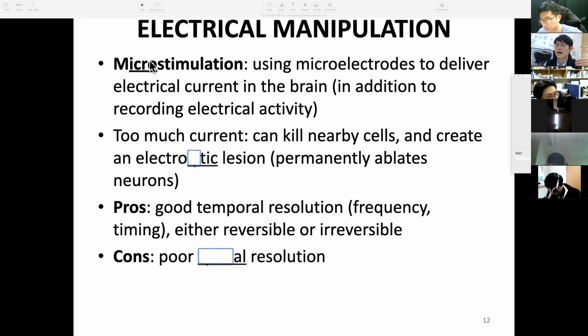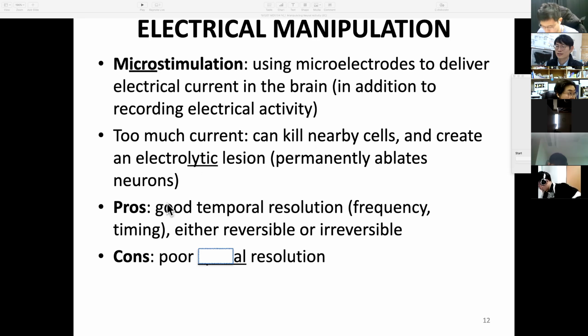It's called microstimulation because typically you use microelectrodes. But you also have to be a little careful that too much current can kill the nearby cells, where kill here means melting away. That's called electrolytic lesion, which permanently ablates the neurons, right?